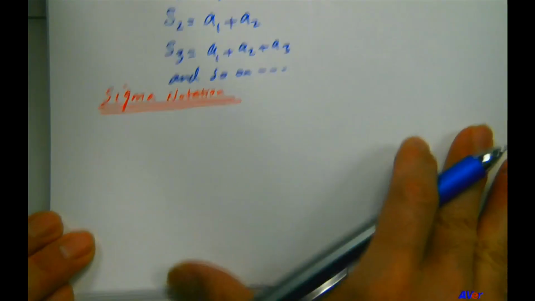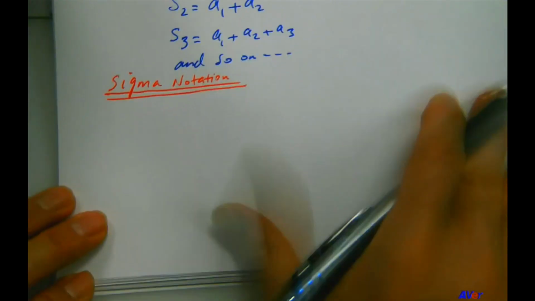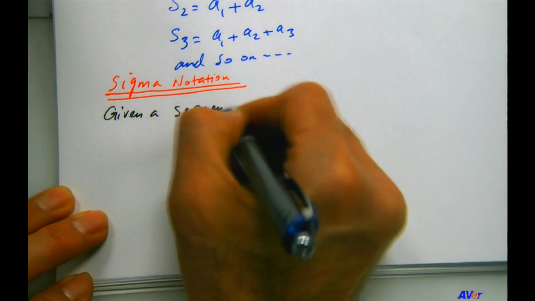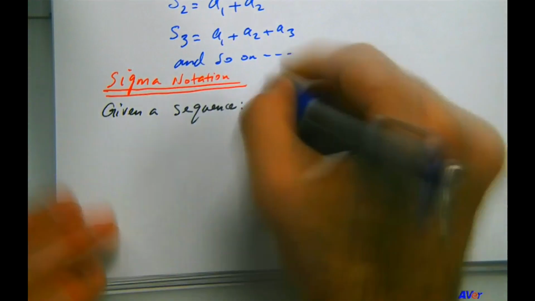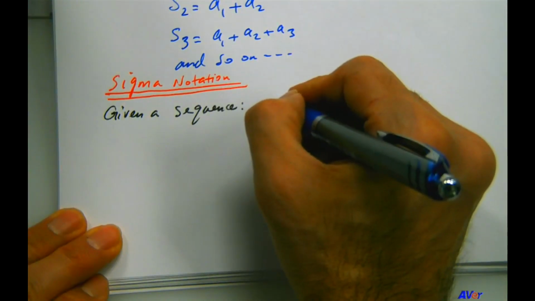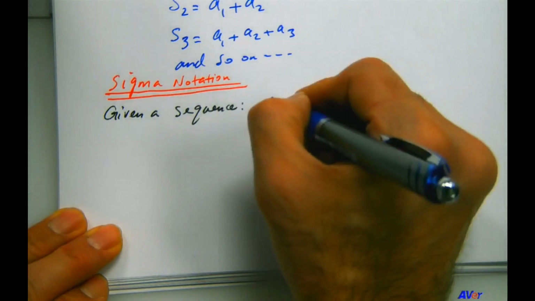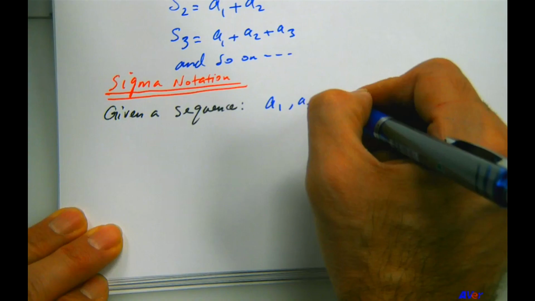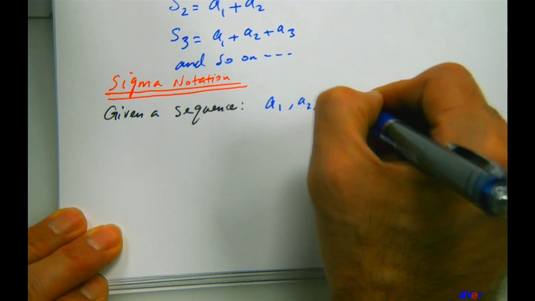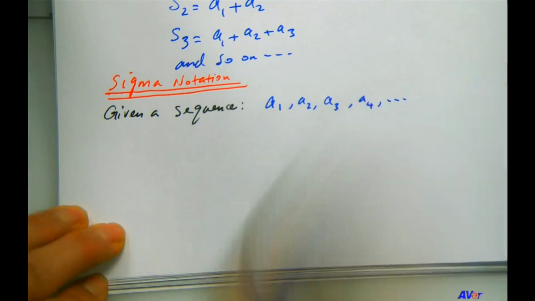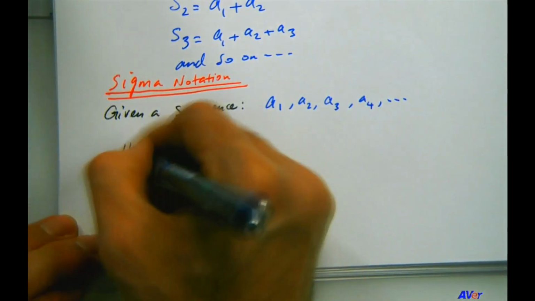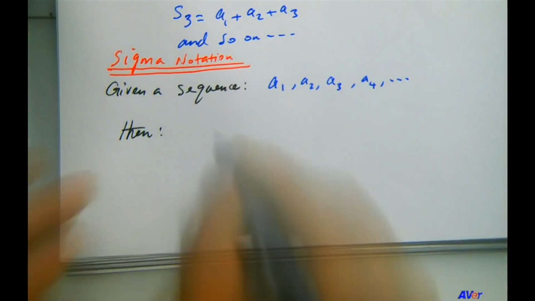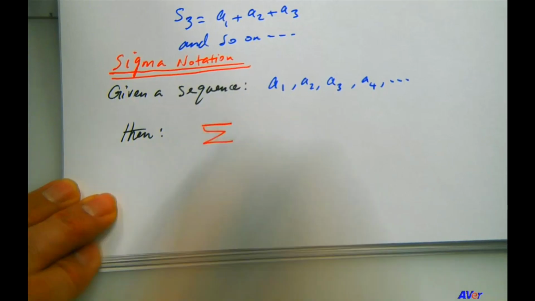So the sigma notation: given a sequence like this, A1, A2, A3, A4, then we can do this. We can say sigma, this is the capital letter sigma.